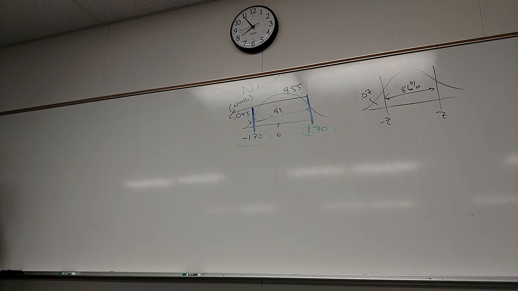Negative 1.5. Let's see. What's the closest to 0.07 I can get? 1.48. 0.07. Which one of these is closer? 694. That's only 6 away, whereas that's 8 away. Can you guys see that? Yeah. It's like 694 and 708. All right, this is closer.